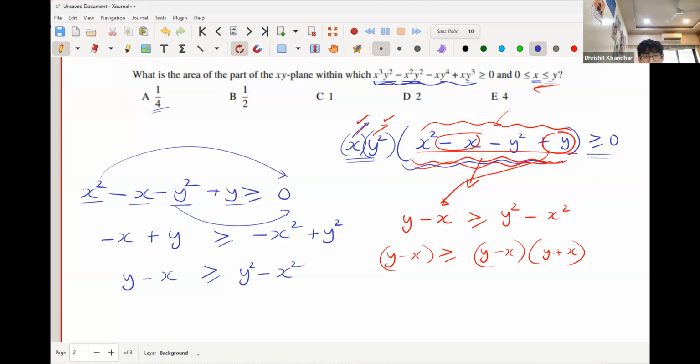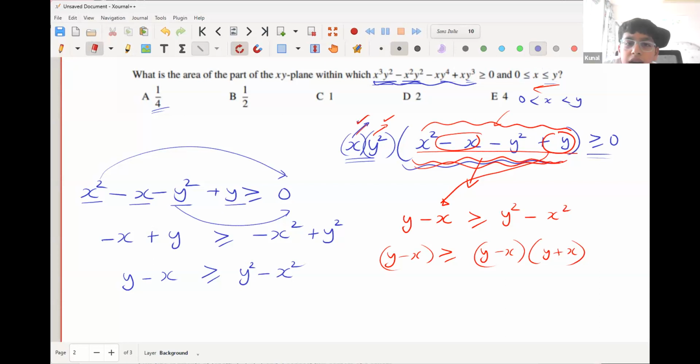So the x goes away because x is anyway given to be a positive quantity. Forget the greater than or equal to for now. Forget the fact that x can be 0 also. For now, just imagine that x is a positive quantity. So just imagine 0 less than x less than y instead of less than or equal to. It doesn't matter, we just want it to be positive.